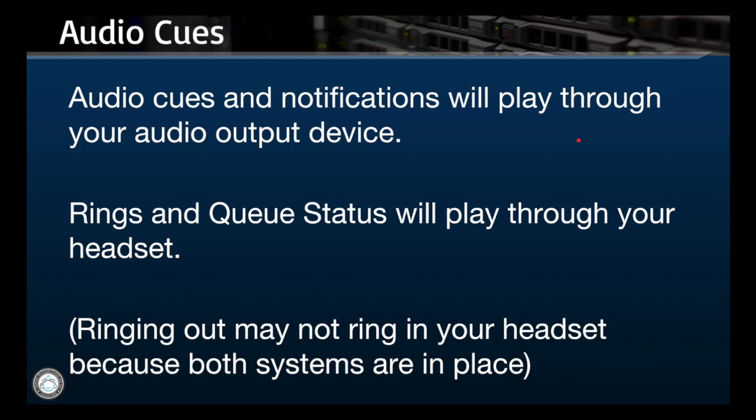Audio is going to play through the computer. You're going to pick an audio device that's going to be associated. So you're going to pick headphones, you're going to pick the computer speakers. It'll take USB headphones, it'll take plug-in mic jack headphones. It'll even use the computer speakers and mic. All three of those will function. However, rings and queue status are only going to play through the headset.